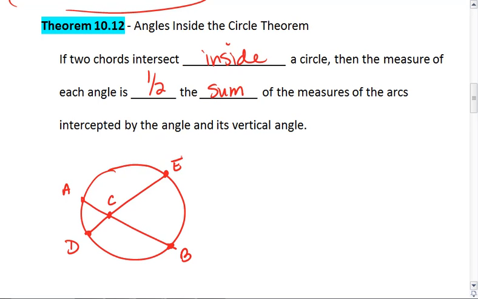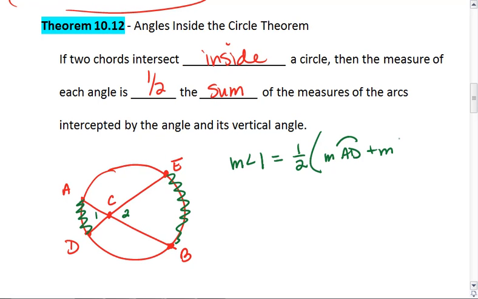So we have chord AB and chord DE, which intersect at point C. This forms angles 1 and 2, which intercept arcs AD and EB. Then what we see is that the measure of angle 1 equals 1/2 of the measure of arc AD plus the measure of arc EB, and that the measure of angle 2 equals the same thing.